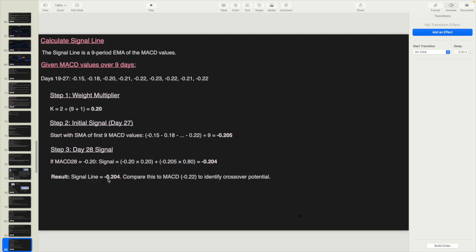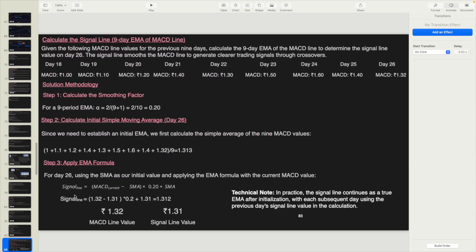So the signal line is minus 0.204. If we compare this to the MACD, we can identify the crossover potential of the stock. This is how we calculate the signal value.